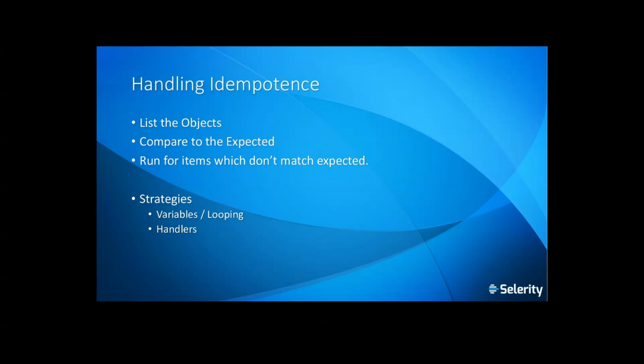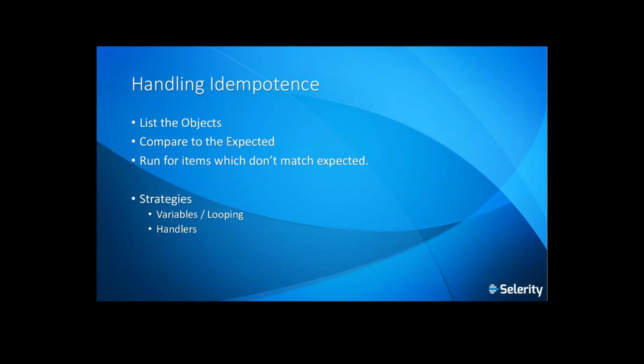Because we're running actually just raw command line tools, we need to work out how we're going to handle this concept of idempotence, i.e. check to see whether or not your configuration has changed and only execute if it has changed.